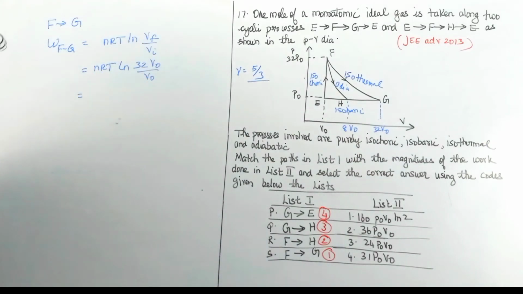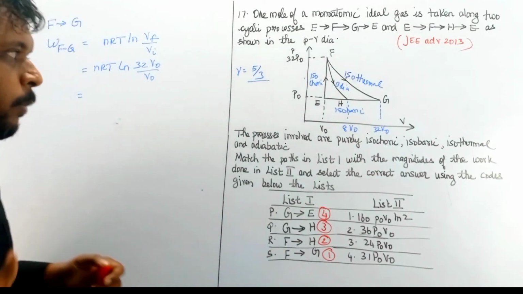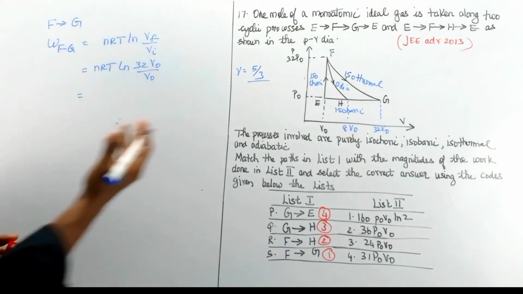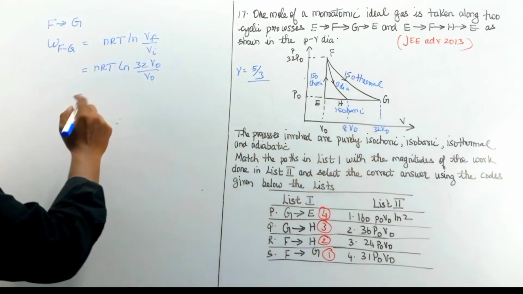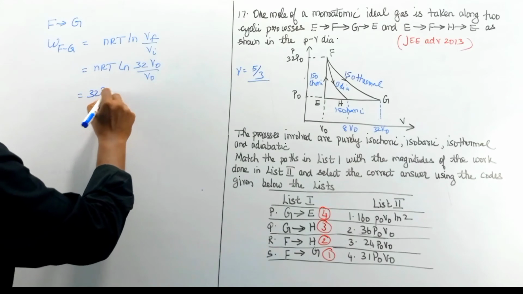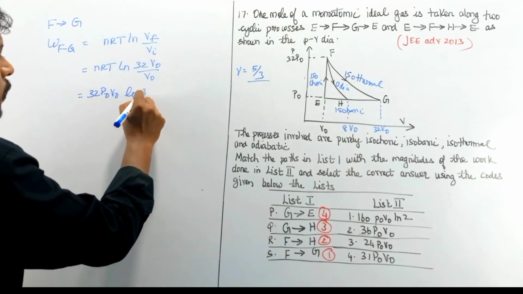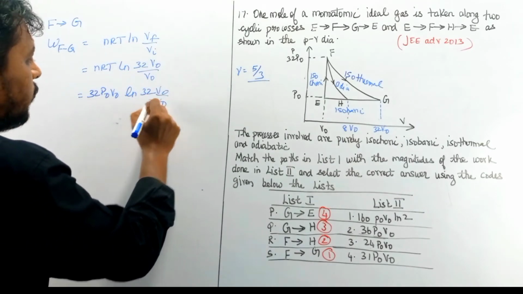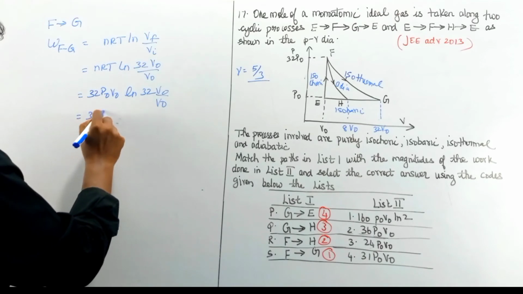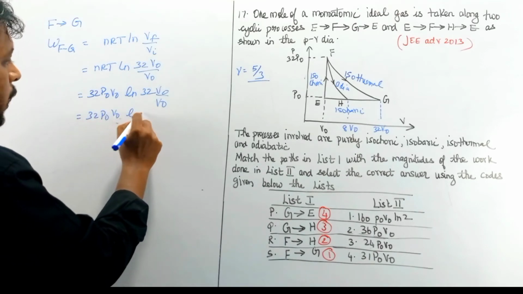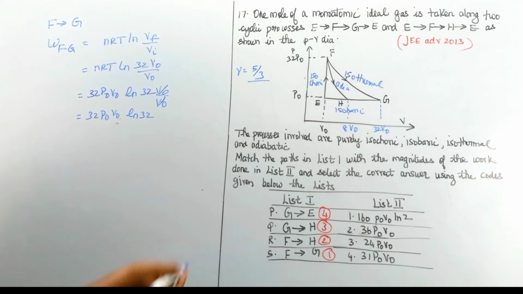Instead of nRT we could replace it by PV. That could be either P1 V1 or P2 V2, whatever, both are the same. So it is 32 P naught into V naught ln of 32 V naught by V naught. So V naught gets cancelled.